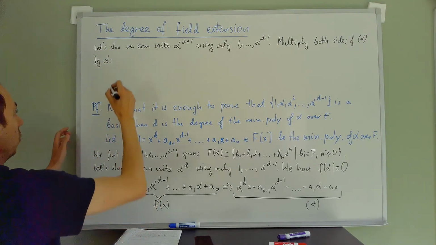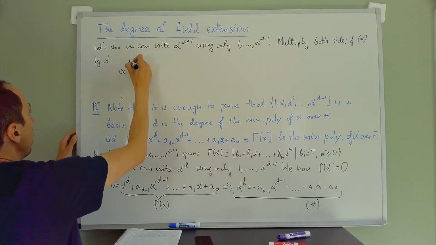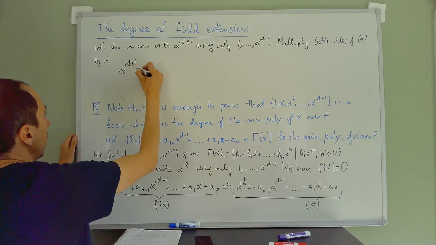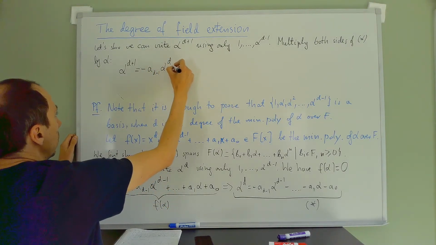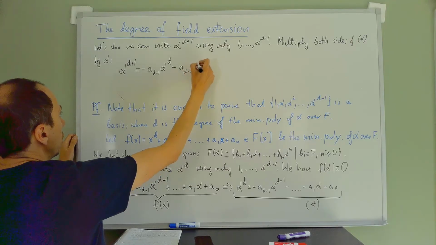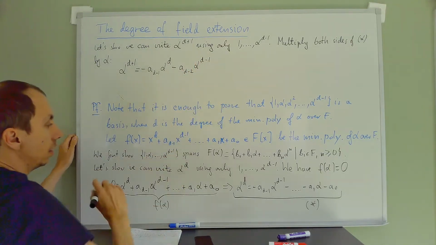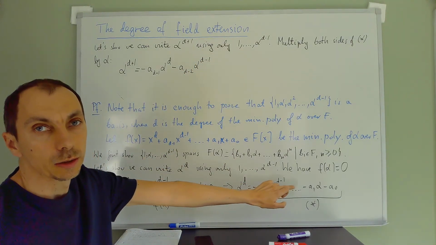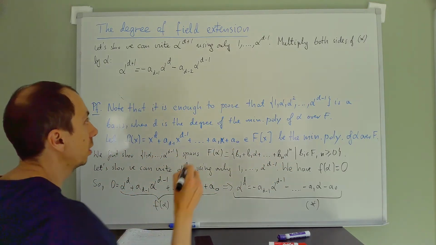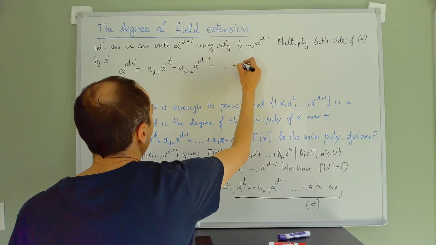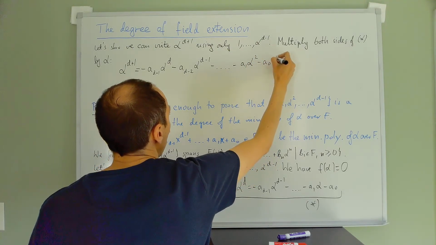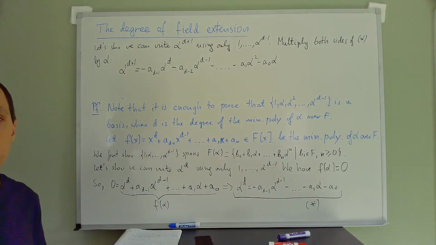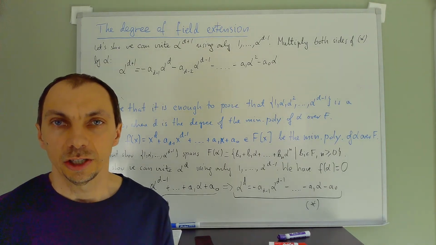On the left-hand side, we get alpha to the d plus 1. What do we get on the right-hand side? We get minus a d minus 1 alpha to the d minus a d minus 2 alpha to the d minus 1. Right? I didn't have this written here. That was in the dots, but I'm just going to write it here now. Minus dot dot dot minus a1 alpha squared minus a0 alpha. Have I achieved what I wanted?